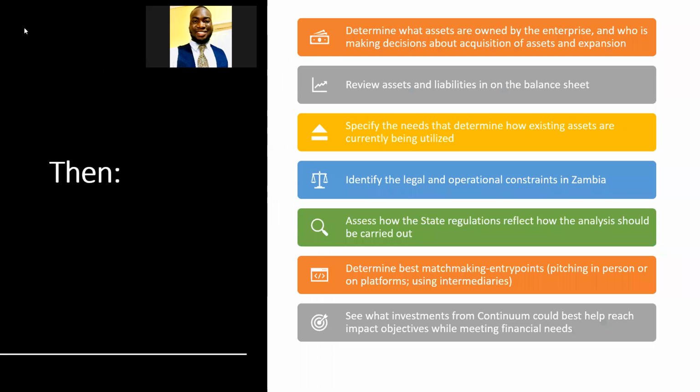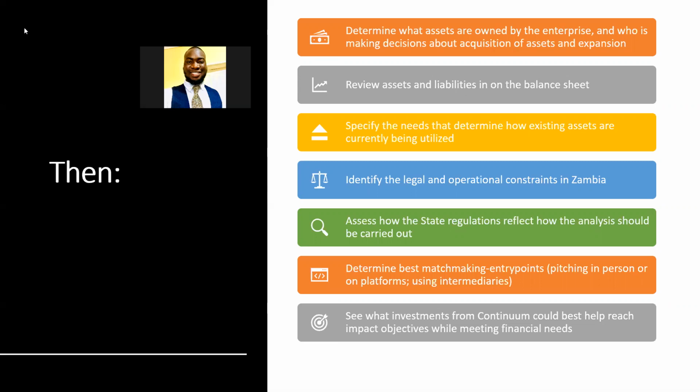Thank you very much. And then, on this, I believe, the third stage, we determine what assets are owned by the enterprise and who is making decisions about the acquisition of assets as well as the expansion within that business. Then we also have a review of assets and liabilities that are on the balance sheet.